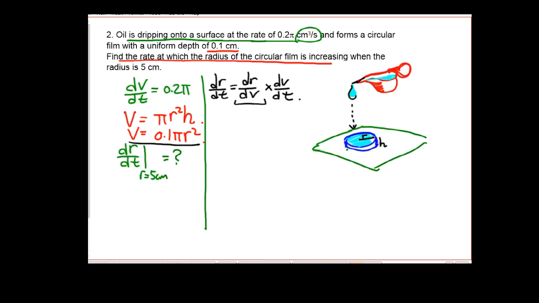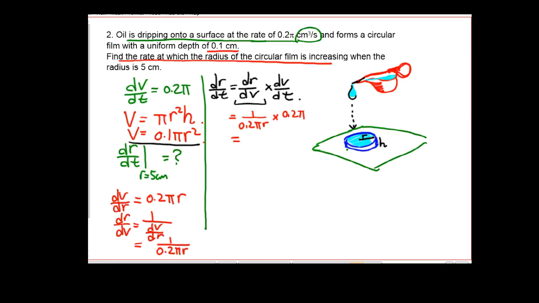You can see here, dV/dr is equal to 0.2 pi r. That is, 2 comes down, 2 times 0.1 is 0.2, so 0.2 pi r. And dr/dV is 1 over dV/dr, so that will be 1 over 0.2 pi r. Now I can write this as 1 over 0.2 pi r times dV/dt, which here is 0.2 pi.